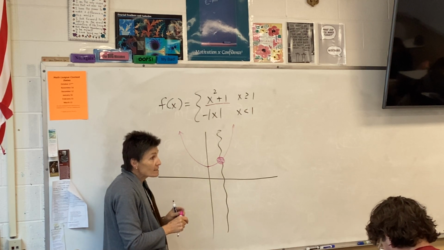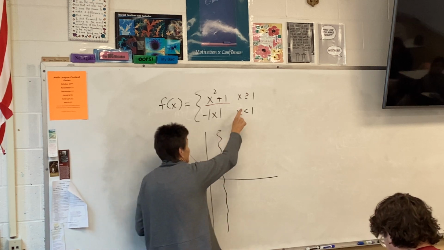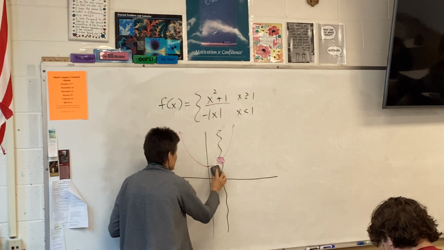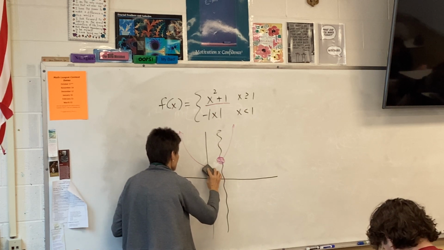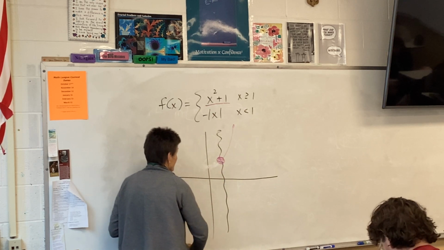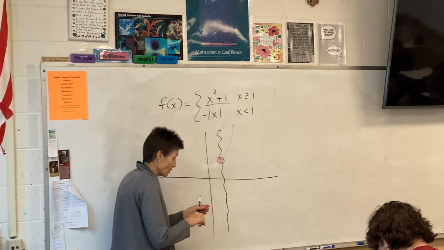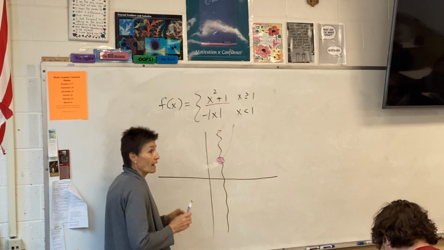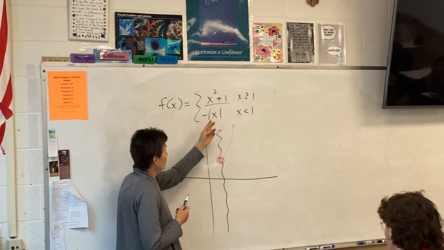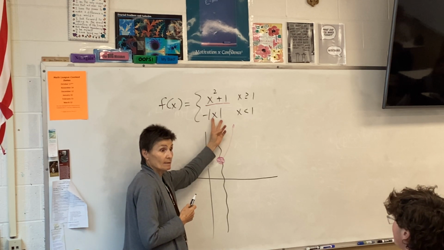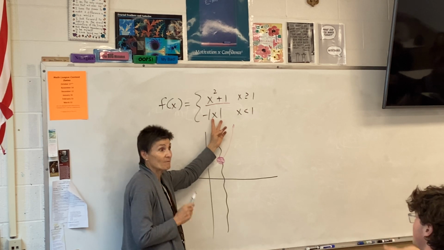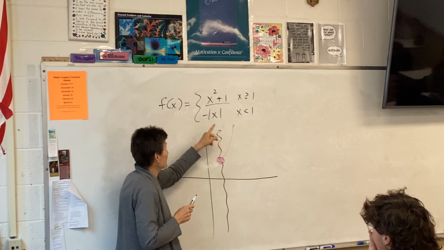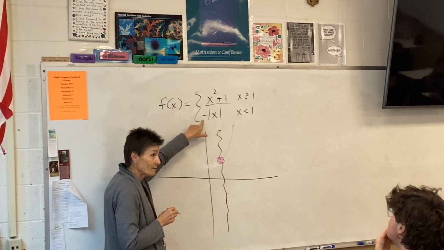Now it's time to erase. I'm gonna keep that, so I'm gonna erase all of this. So far, that's what I got. Now, I got crazy on this second one. What's this gonna be? Upside down. Like, now it's a V, but it's gonna be upside down, because I popped this negative out in front of it.